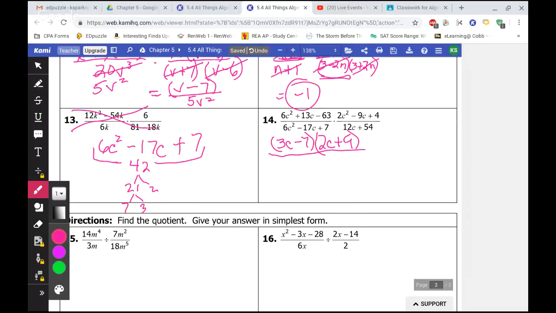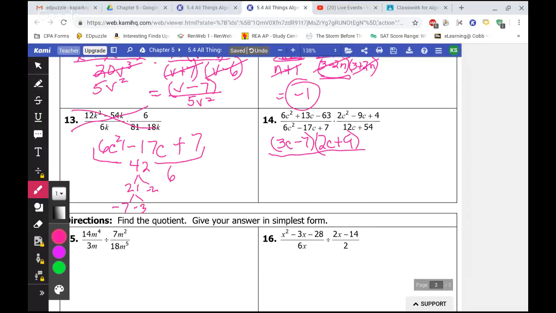So we've got a positive 42. That means both of my factors are going to be negative, because I've got a positive, but this middle term is negative. So 14, 7 and 2 and 3 add together to give me a negative 17. All of these would be negative.